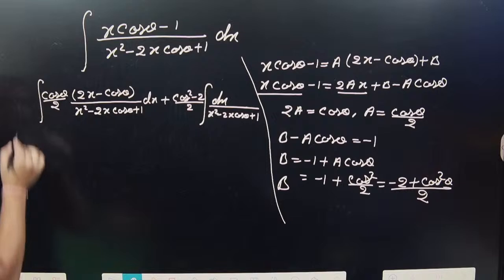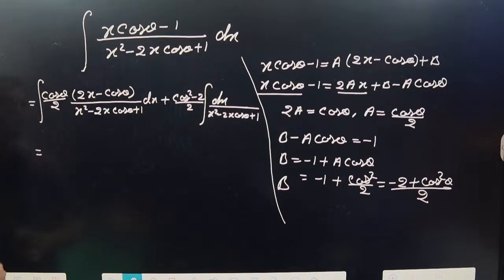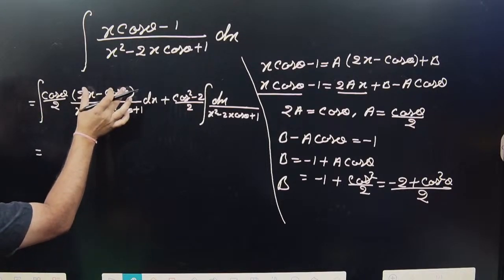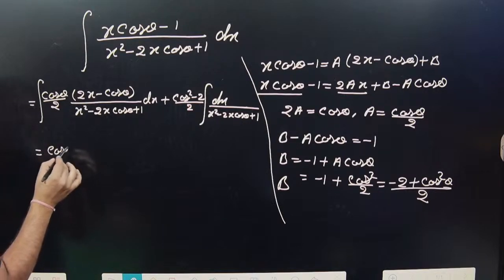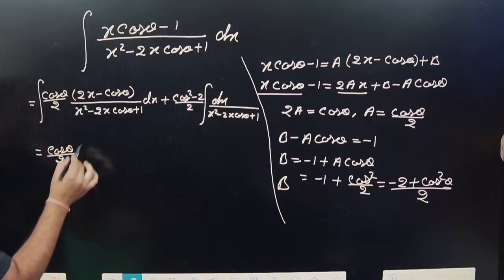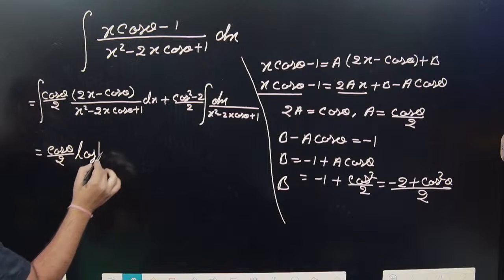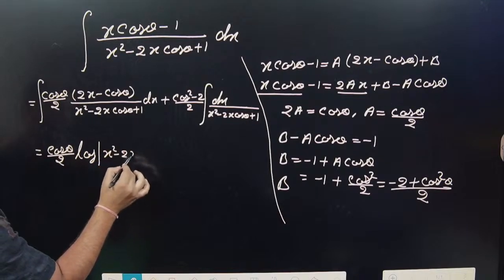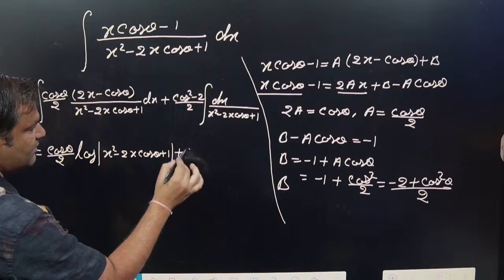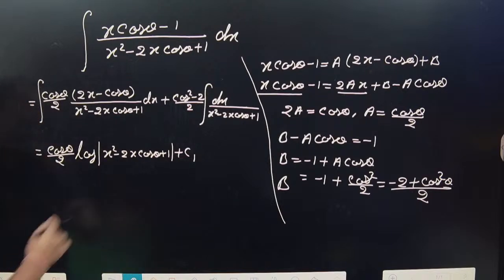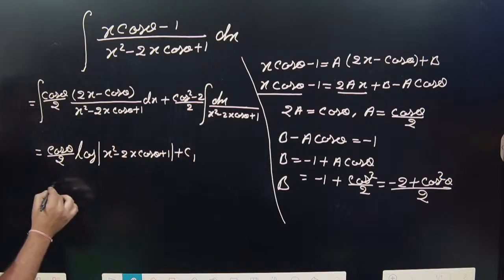If this one is t, then that is dt. So you can say cos theta by 2 into log of modulus of x square minus 2x cos theta plus 1, plus c1. After that, focus on that part.